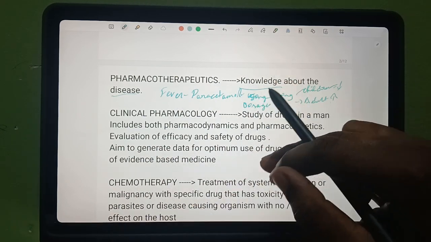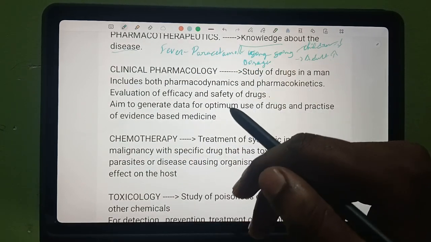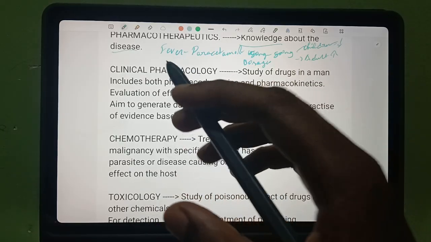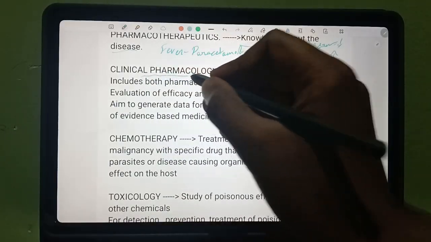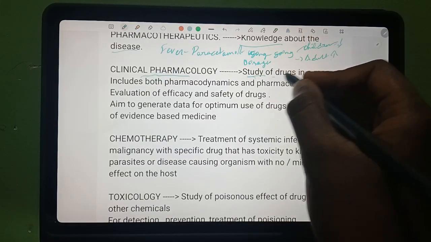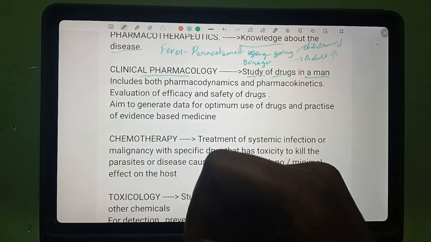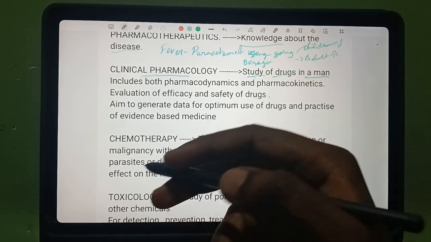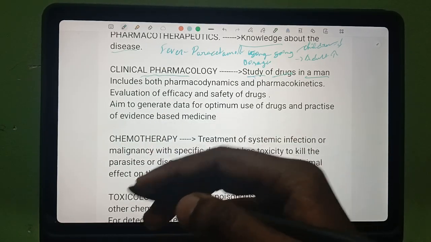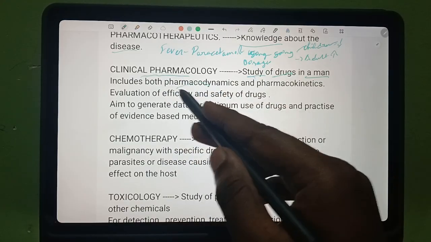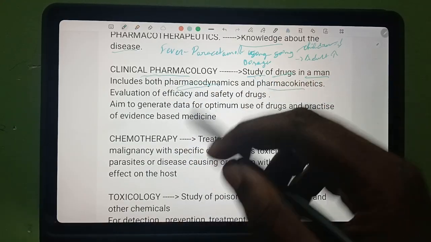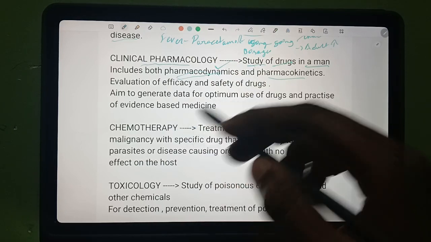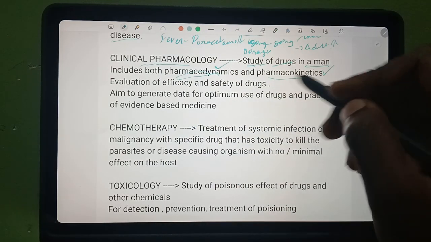Then we move on to the next definition. Clinical pharmacology means the study of drugs in man. It includes both pharmacodynamics and pharmacokinetics, what the drug does to the body and what the body does to the drug.